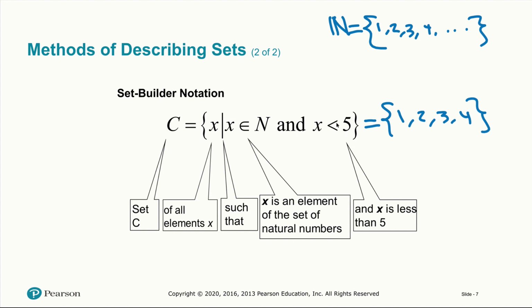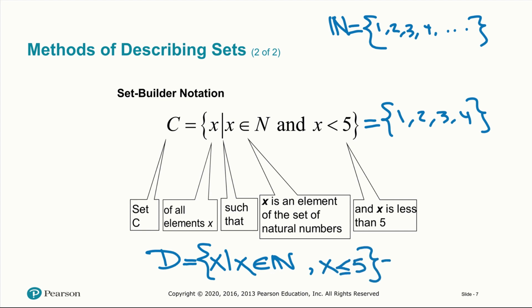Now be very careful with the inequality because it's kind of subtle. If this were less than or equal to 5, in other words, if I were looking at another set D, which was the set of all x such that x belongs to N, and by the way, instead of the "and," sometimes we just use a comma, x is less than or equal to 5, then this would be a different set.